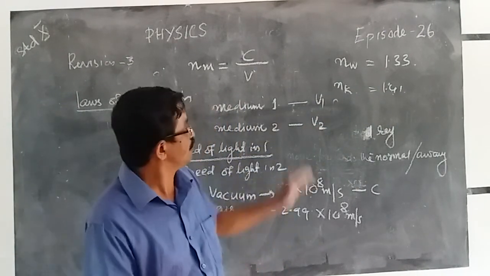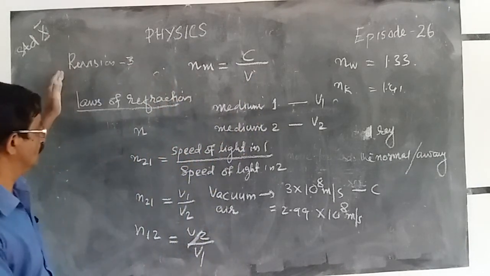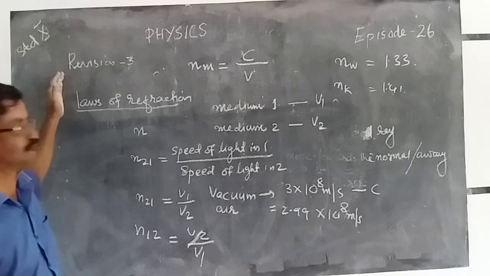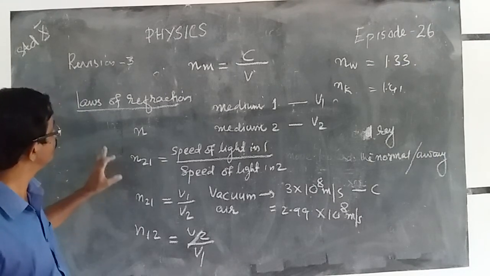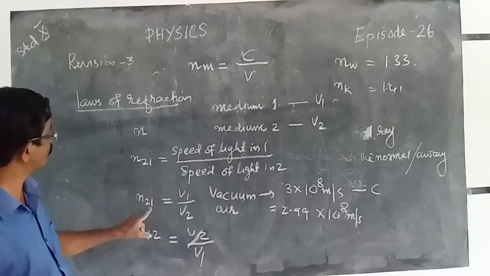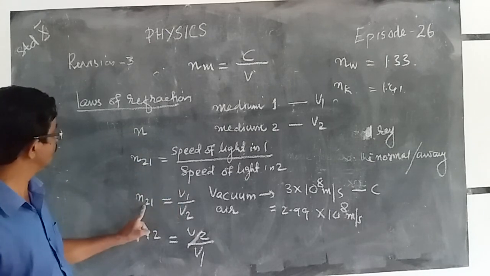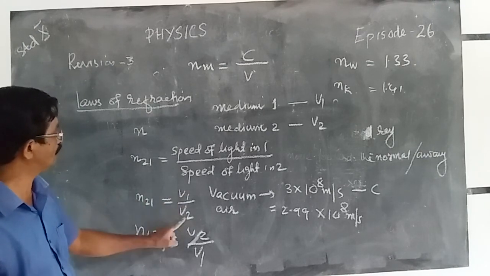So here we want to remember about refractive index. How do we find the refractive index, or what is the relation connecting refractive index with speed? The refractive index of the second with respect to the first, n21, is equal to v1 by v2.